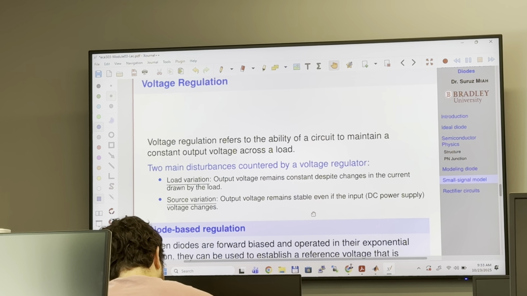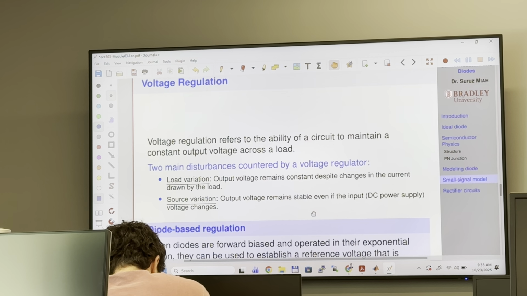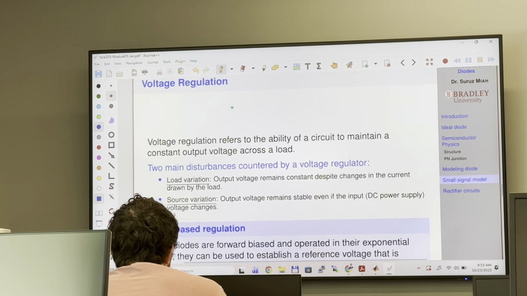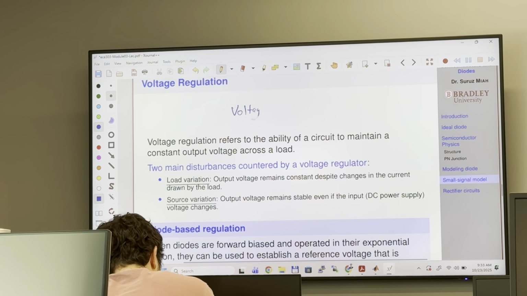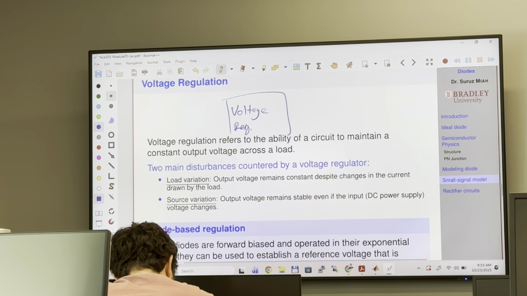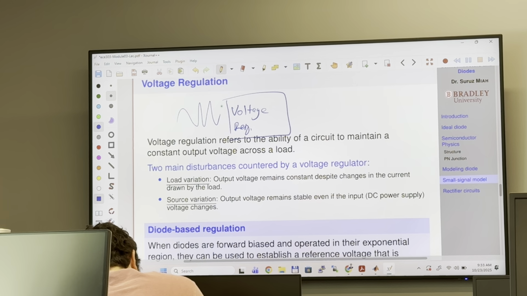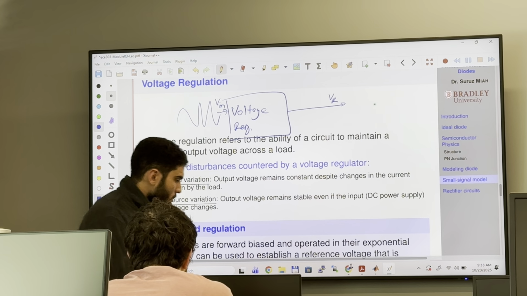The other type of voltage regulator handles load variation. So the input voltage V in can vary, and the output voltage is going to be constant.